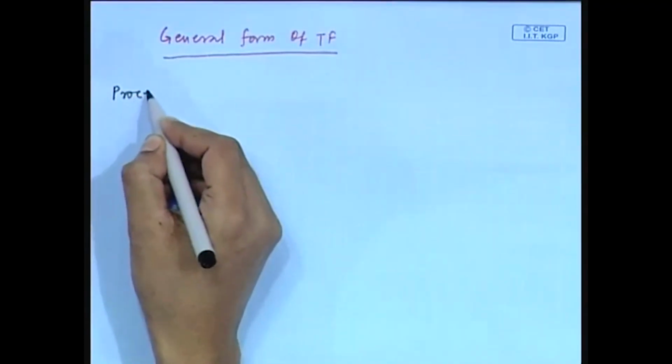So, an nth order system we will represent by a linear ordinary differential equation. I mean, the process will be represented by an nth order ordinary differential equation in linear form.